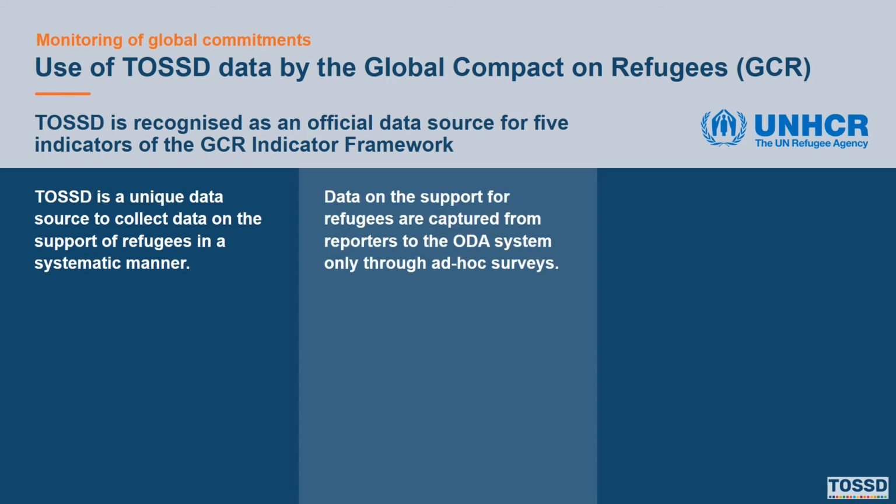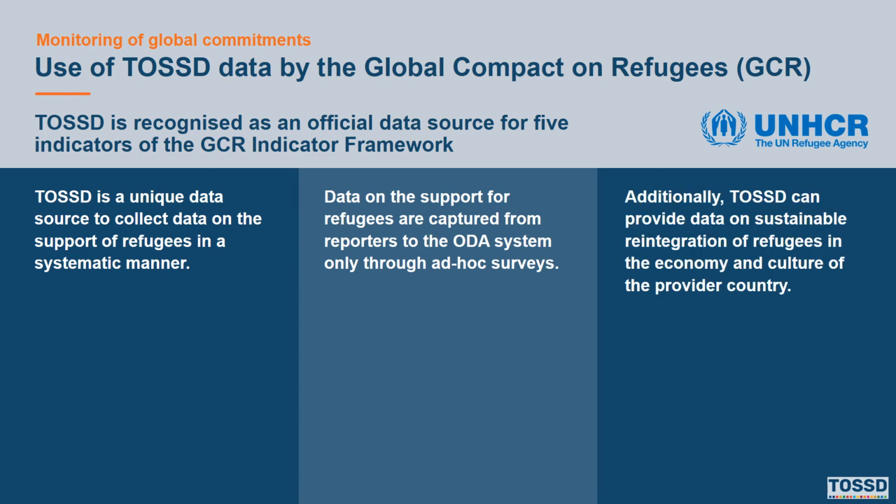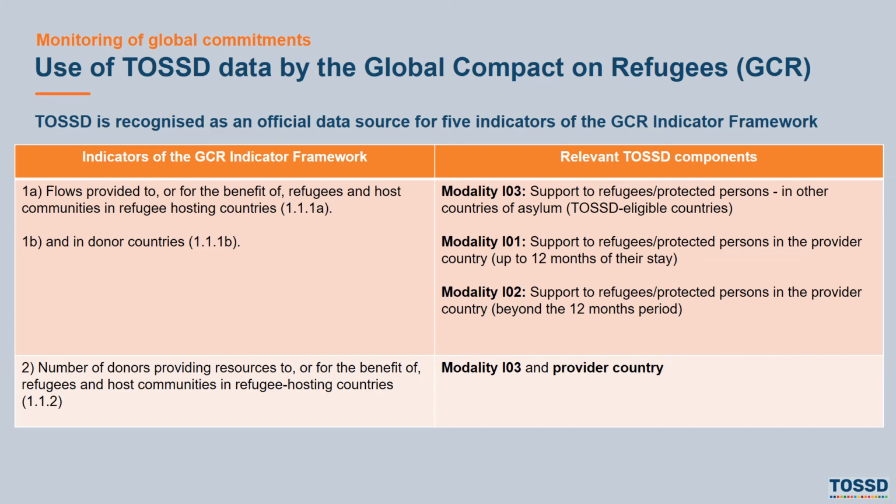Data on the support for refugees have only been captured from reporters to the ODA system through ad hoc surveys so far. Additionally, TOSSD can provide data on sustainable reintegration of refugees in the economy and culture of the provider country. On this slide, it is possible to find a mapping of the indicators of the GCR indicator framework and the relevant TOSSD components.